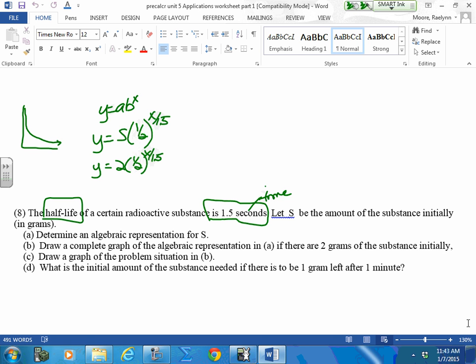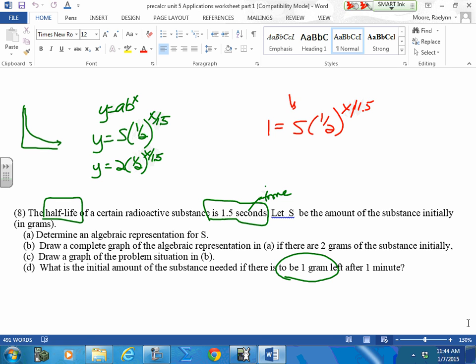What is the initial amount necessary if you were to be 1 gram left? So let's do this part. 1 gram left. I don't know what my S started out with. Now, you still have one extra variable, so they've got to give you one more piece of information.